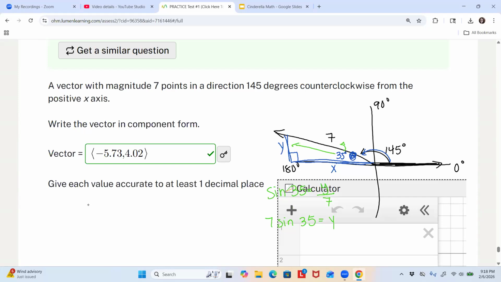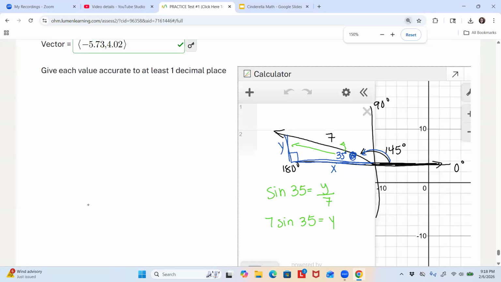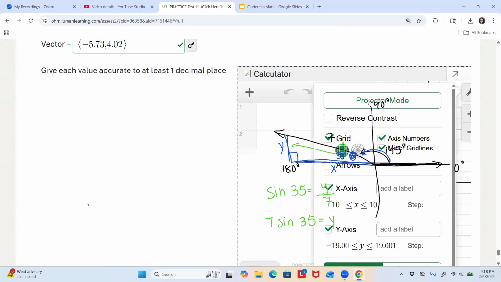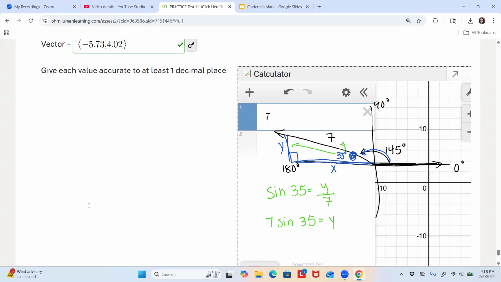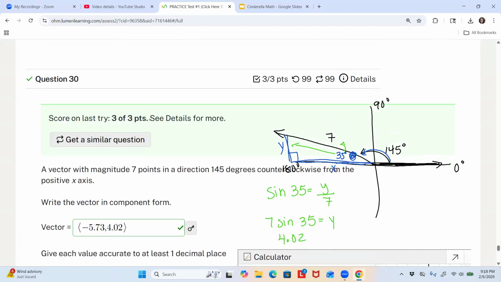So I'm going to go over to the wrench, turn it to degrees. 7 sine 35. So 4.02, rounded to 2 places. There's our y, 4.02.